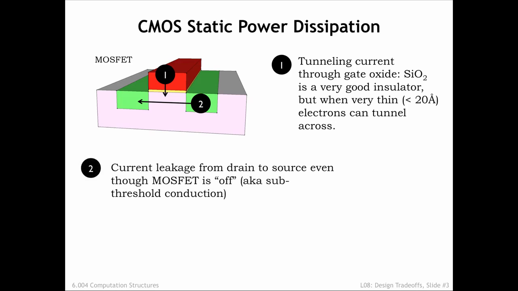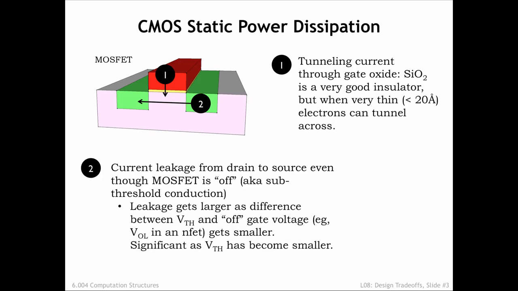The second effect is caused by current flowing between the drain and source of an NFET that is, in theory, not conducting because VGS is less than the threshold voltage. Appropriately, this effect is called sub-threshold conduction and is exponentially related to VGS minus VTH, a negative value when the NFET is off. So as VTH has been reduced in each new generation of technology, VGS minus VTH is less negative, and the subthreshold conduction has increased.